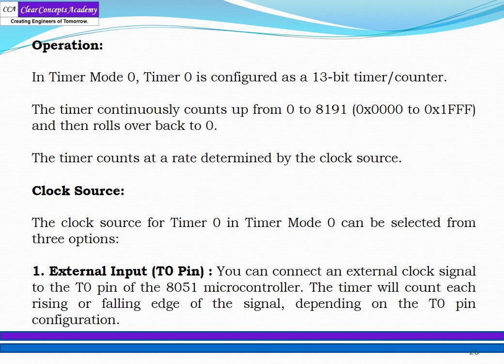The timer will count each rising or falling edge of the signal depending on the T0 pin configuration. You can use an external circuit connected to the T0 pin for counting external events. This is one clock source that will be available.